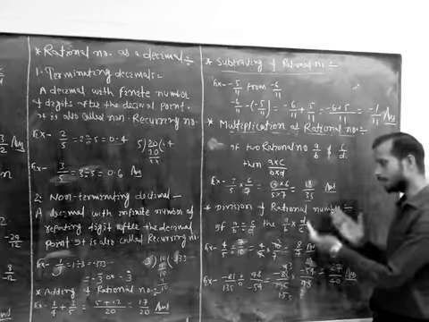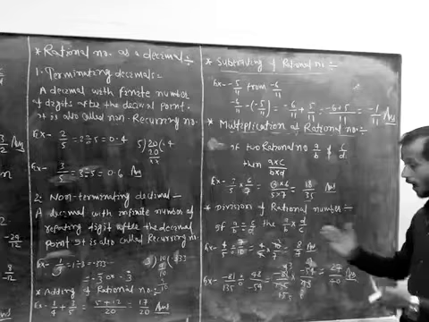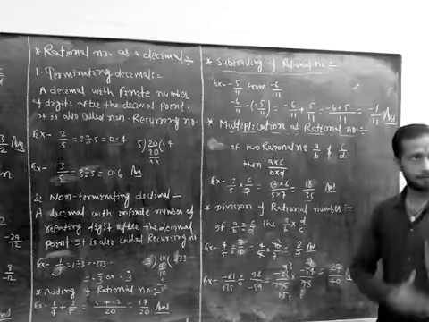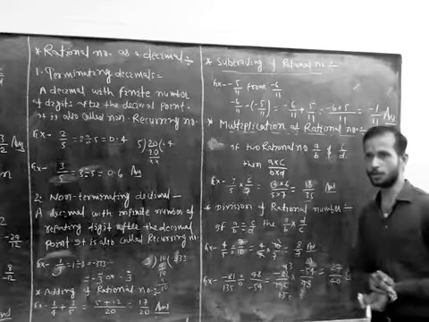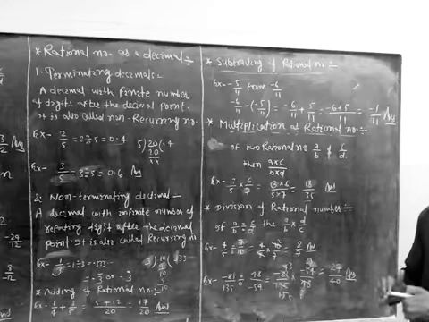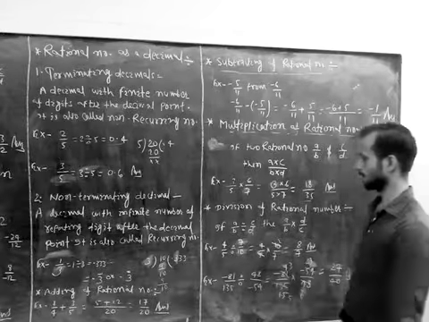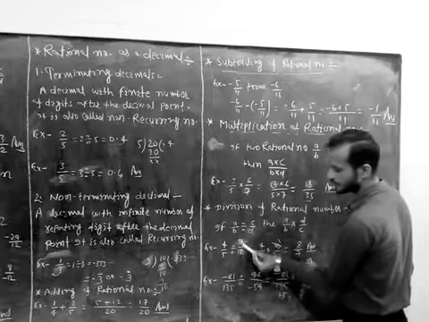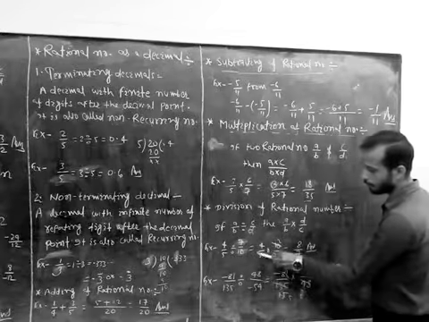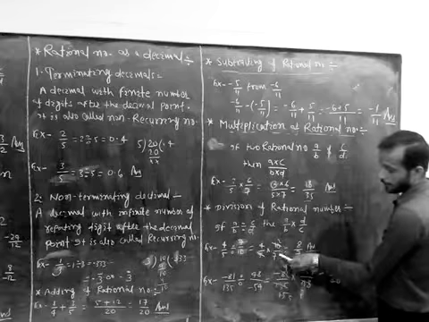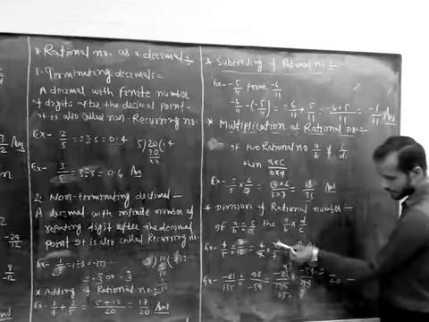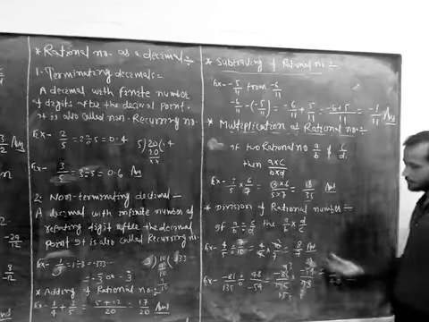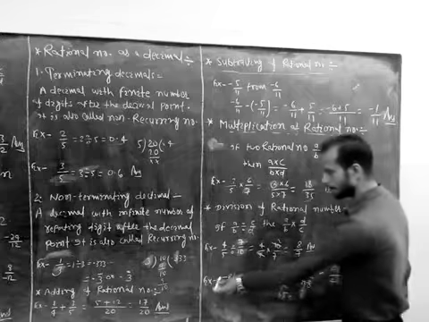That means after division, the fraction converts into its reciprocal; the numerator becomes the denominator and the denominator becomes the numerator. Example: 4/5 divided by 7/10 is 4/5 into 10/7, hence 8/7 is the answer.